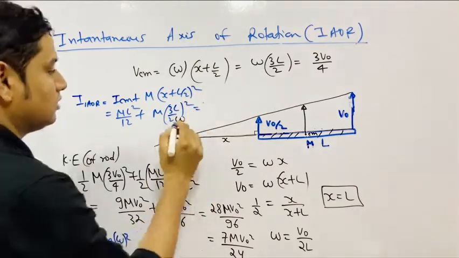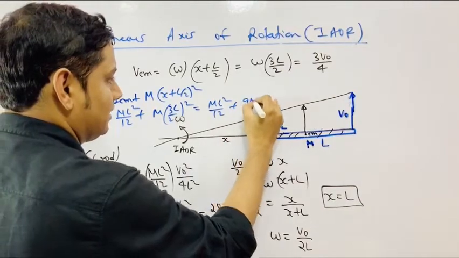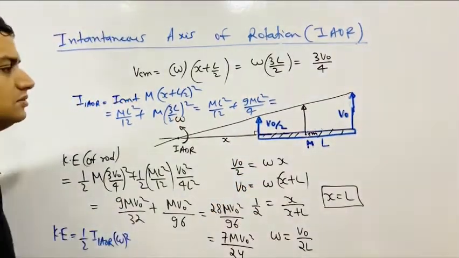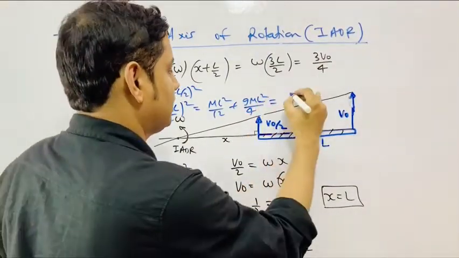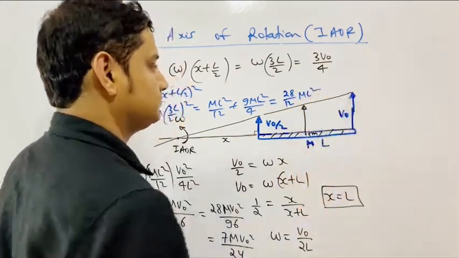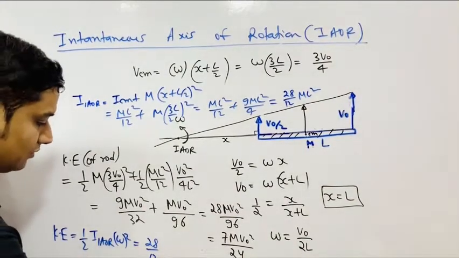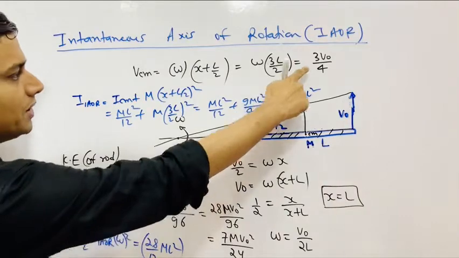That is ml square by 12 plus 9 ml square by 4, which is 28 by 12 ml square.